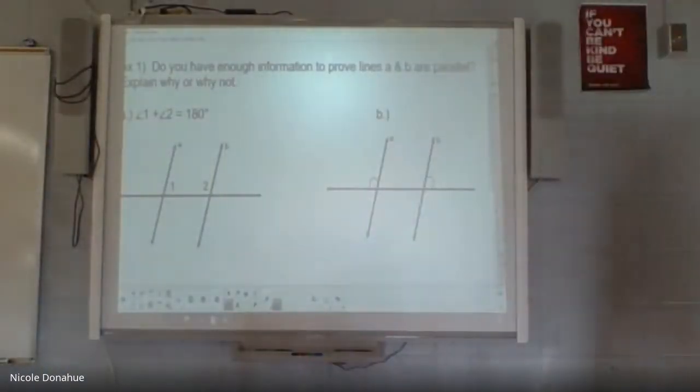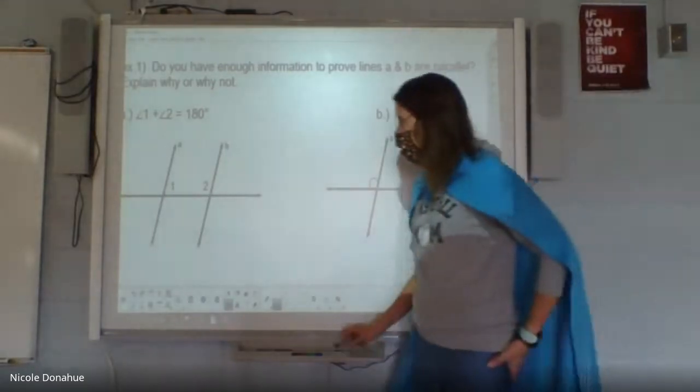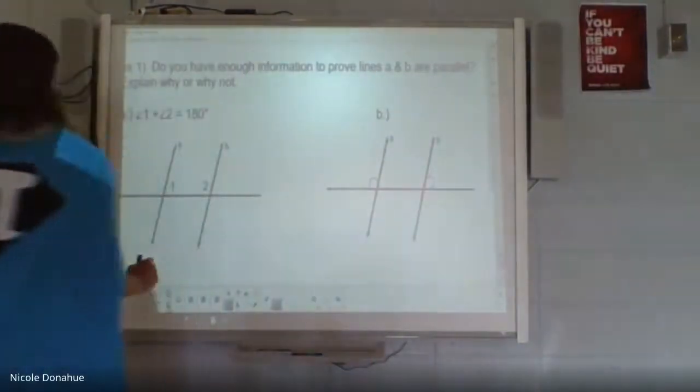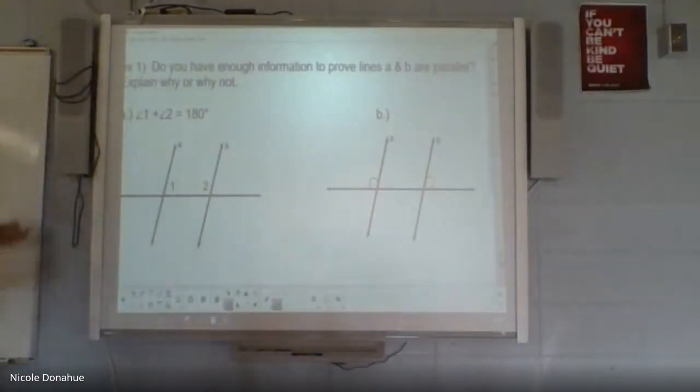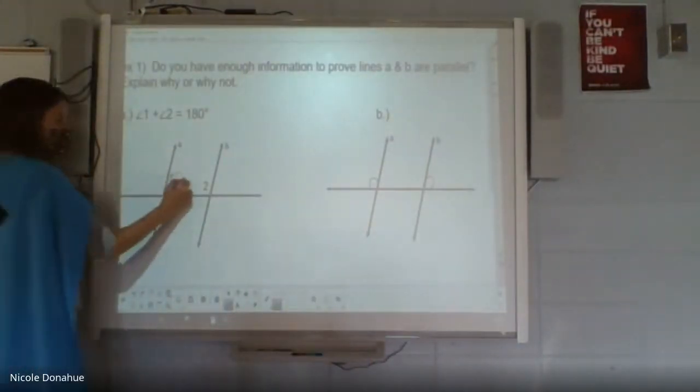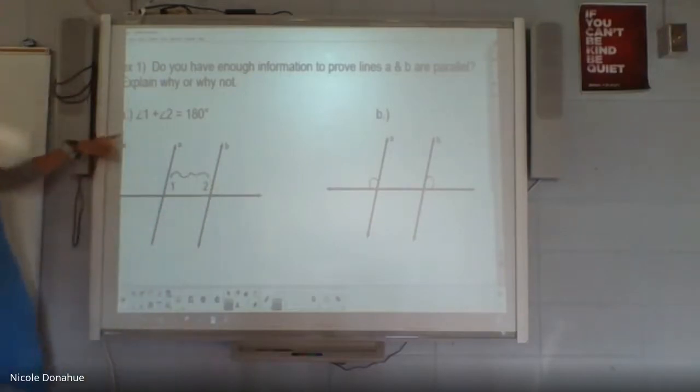So I'm seeing some head nods. I saw some people write yes. So if yes, why? What do you think? Because there's corresponding angles, so they have to equal 180. Not corresponding, consecutive. Yeah, and I know the wording, we're still getting used to that. So since 1 and 2 equal 180, they gave us that information.